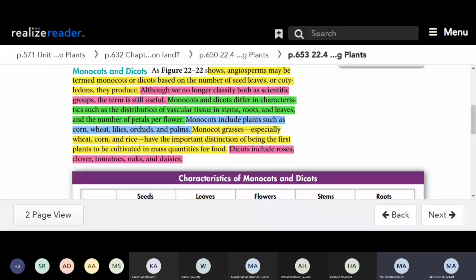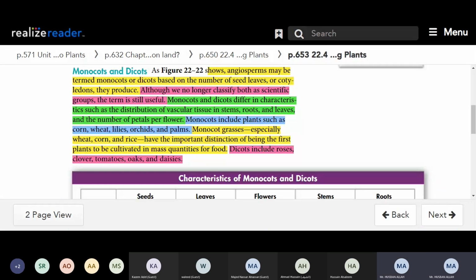Maize, it's corn, we have wheat, we have rice. What do we eat? Mostly we are eating rice and bread. Bread comes from wheat, and that's rice. So most of the portion of food is covered by what? By the monocots. And these were the first plants cultivated for the purpose of food.